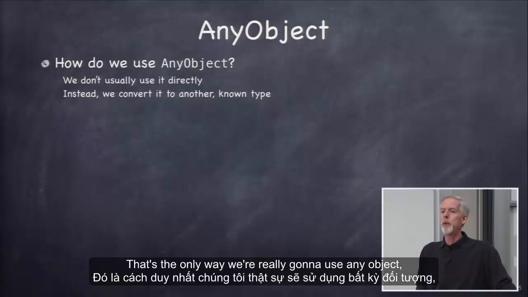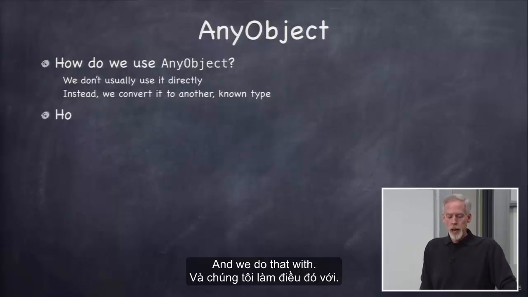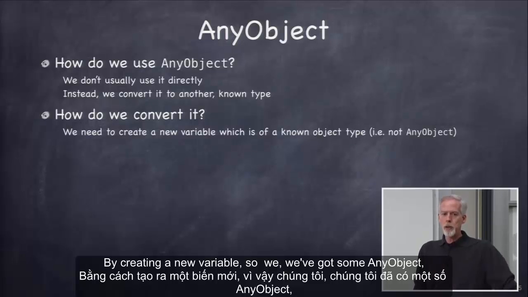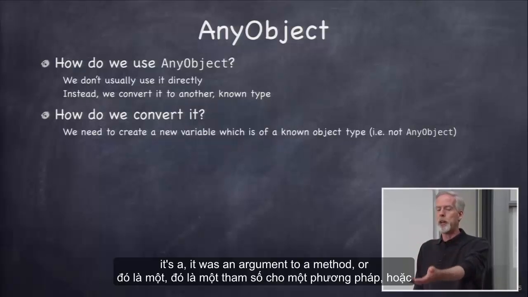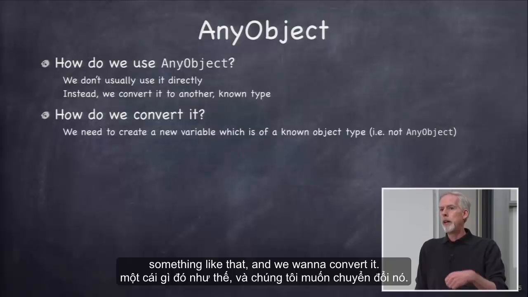That's the only way we're really going to use AnyObject: convert it to some class that we do know, by creating a new variable. So we've got some AnyObject, it was an argument to a method, or it's a local variable, or something like that, and we want to convert it.